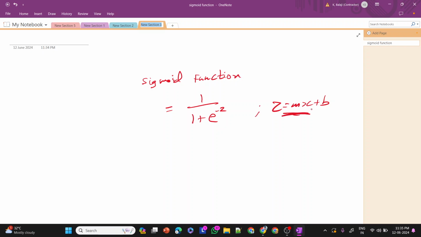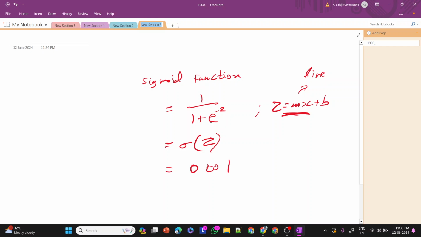The mx plus b is the slope formula that represents a line in 2D space. So after applying the sigmoid function to the linear regression, the output will lie between 0 and 1.